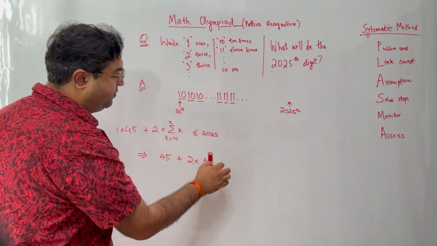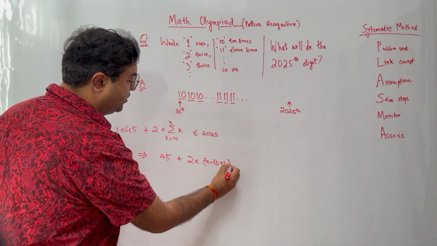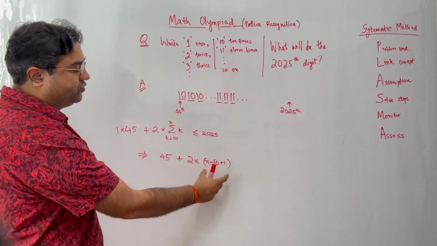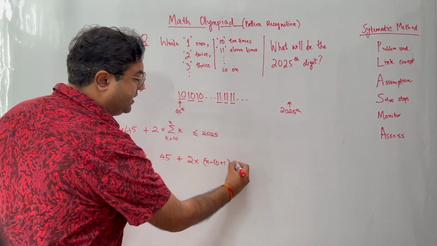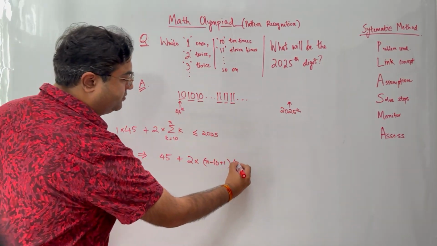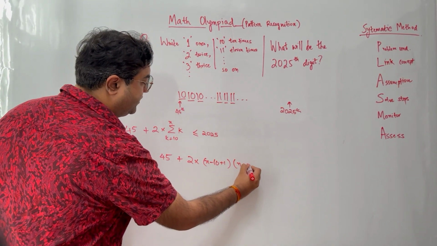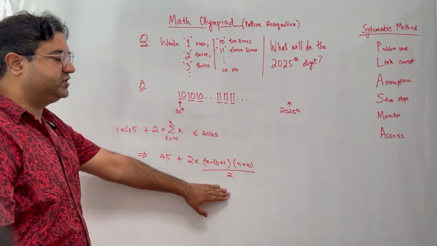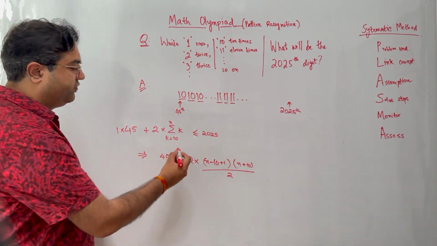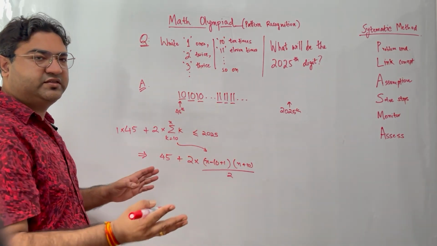And then you sum the first term and the last term and divide the whole thing by 2.